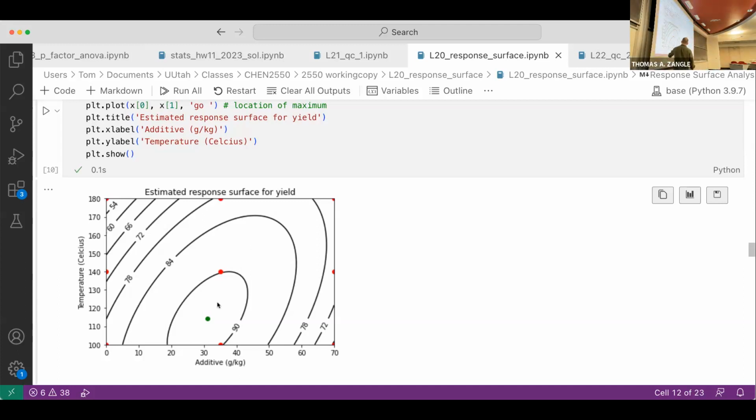So this tells us roughly where we might want to run our process is somewhere around here. Note that this is really just an approximation, right? So if it were really critical that you had the highest yield possible, you would probably want to rerun a set of experiments, really narrowing in on this point in order to determine what your optimum was. But at the very least, it tells you where to look.